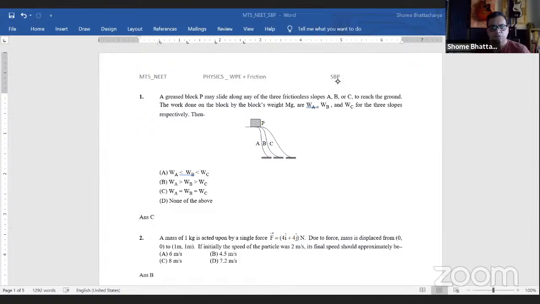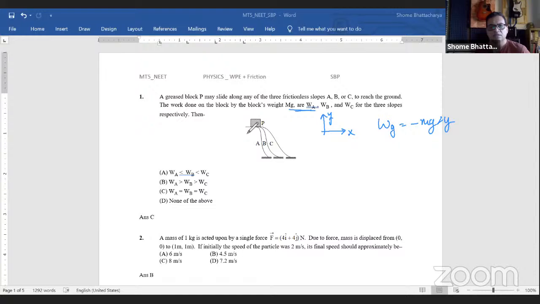Okay, Sarvesh, in the first question, you have to calculate the relationship between work done by, okay, there are 3 frictionless slopes, A, B, or C. The work done by the block's weight. So now you know the formula that if your vertical coordinate is y and your horizontal coordinate is x, the work done by gravity is minus mg into delta y.